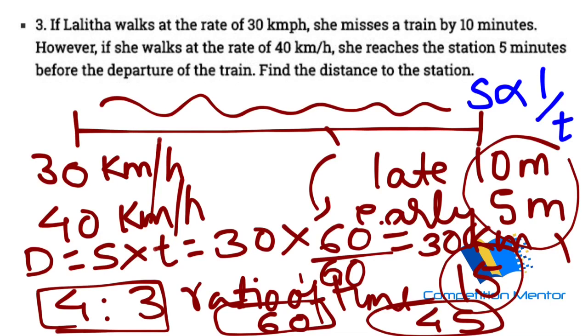The other way also, if you go from 45 and pick up 40 and calculate using the same thing, you will again get 30 kilometer only. So whatever situation you pick, you get the answer the same way. So this was the logic for the ratio method. We will go through one more method, the other way, in the next video.